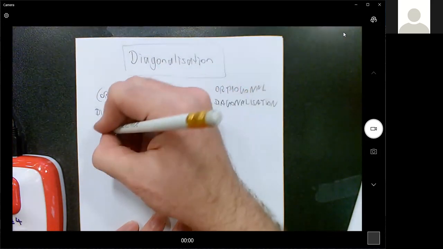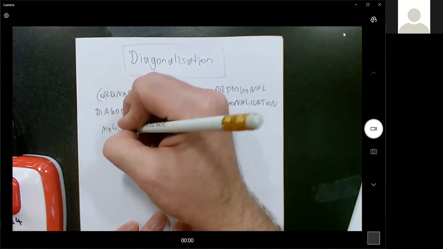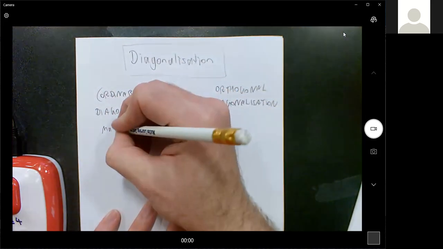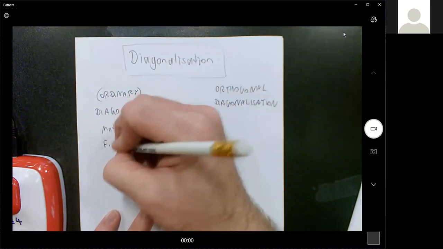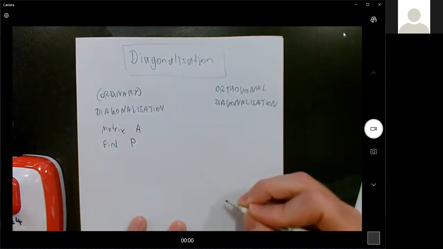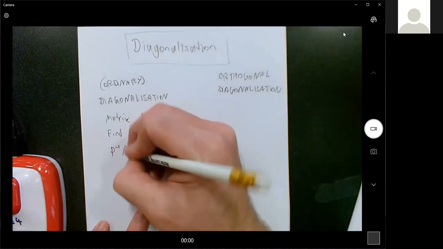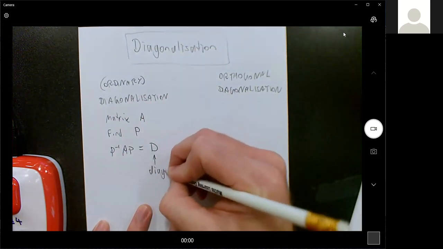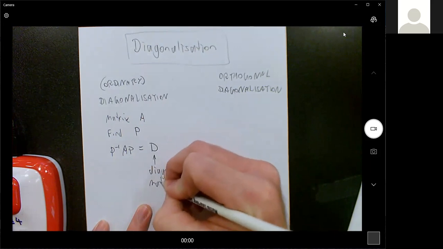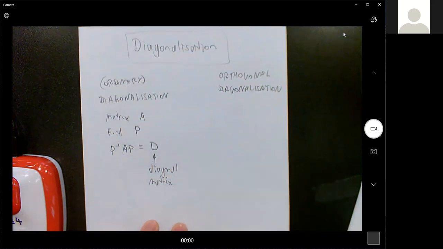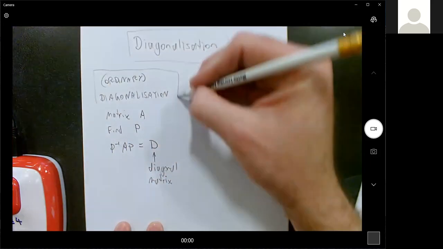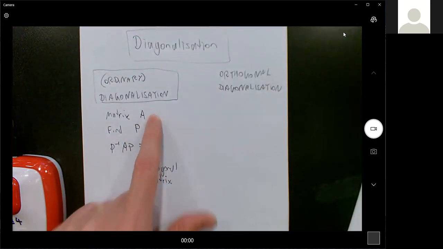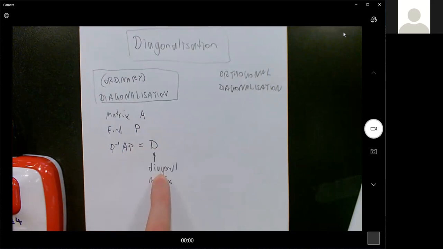You have a matrix A, and then you find a matrix P, and then P inverse AP comes out to a diagonal matrix. That's ordinary diagonalisation. You start with the matrix A, you find the matrix P using the matrix A, and then you do this calculation and it comes out a diagonal matrix.